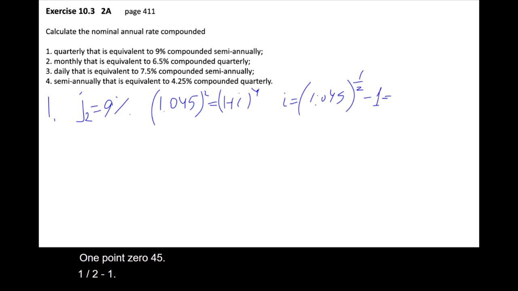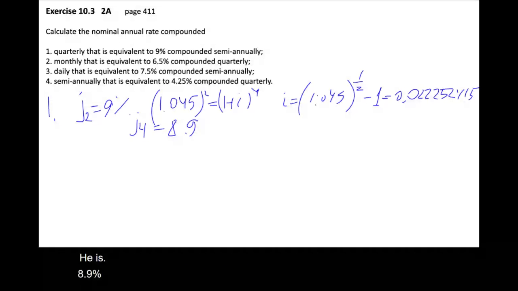So please check your numbers, people. 0.022252415, and the answer J4 is 8.9%. I rounded. So do you have the same answer, guys?